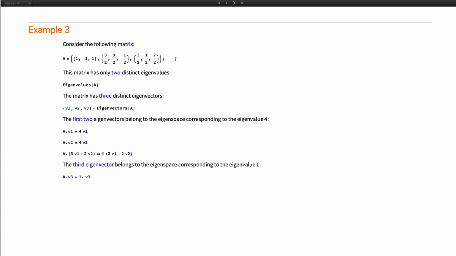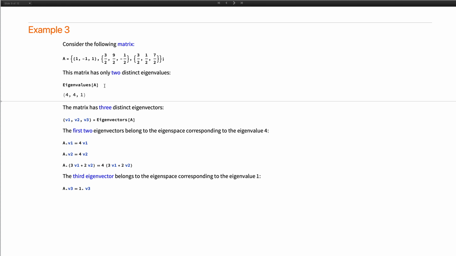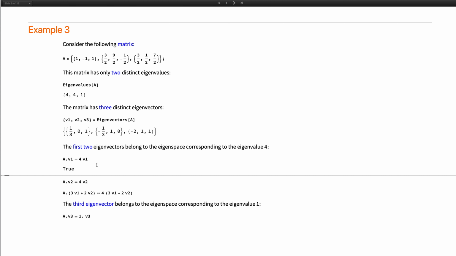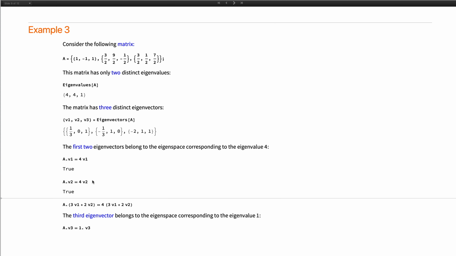Okay, so as an example, here is a 3 by 3 matrix A. Work out the eigenvalues. You see, there are only 2 distinct eigenvalues, but there are 3 distinct eigenvectors. And the first 2 over here in the list, V1 and V2, actually belong to the eigenvalue 4.